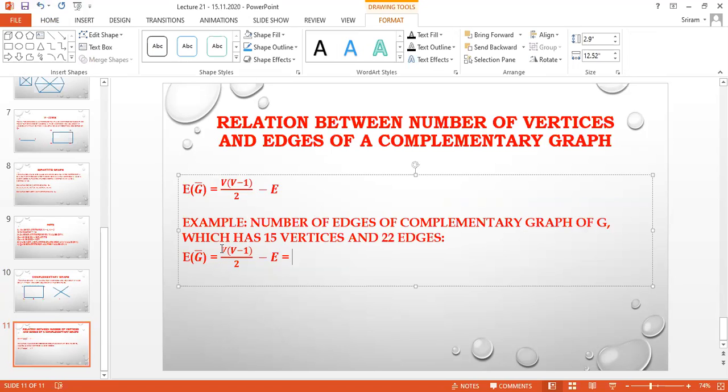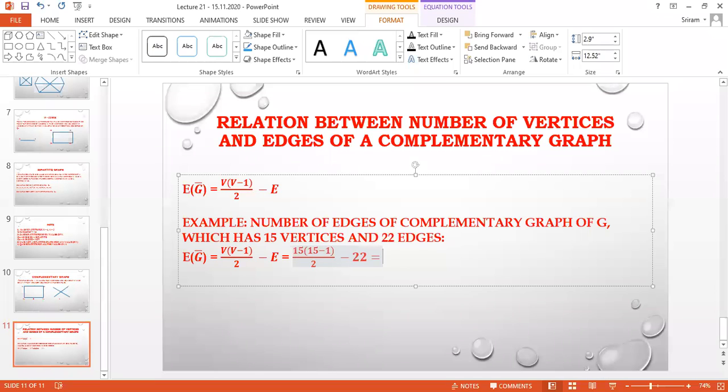What is the value of V here? How many vertices are there in this? 15 vertices are there, isn't it? So 15 into 15 minus 1 divided by 2 minus E. How many edges do we have? 22. Using the calculator, I am going to simplify this.